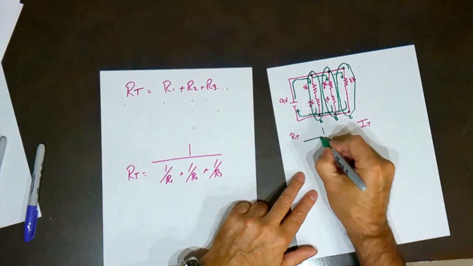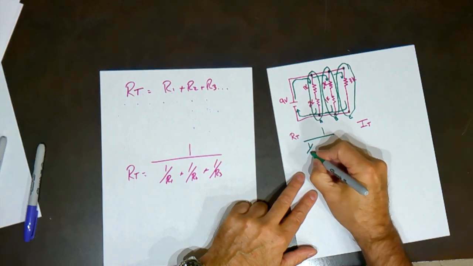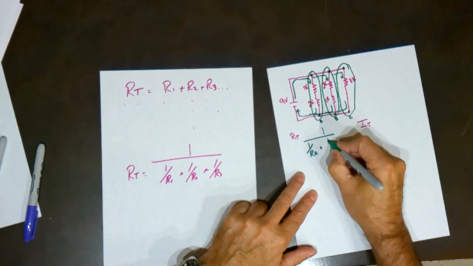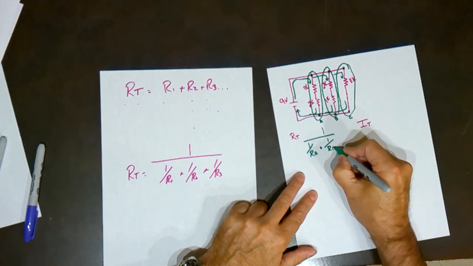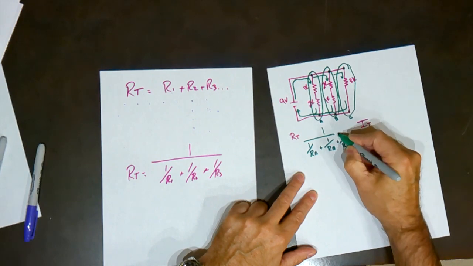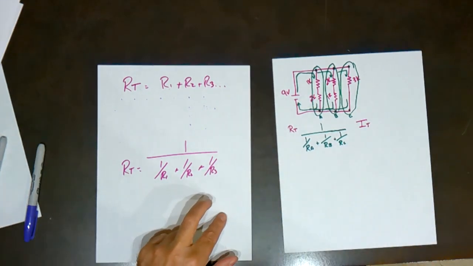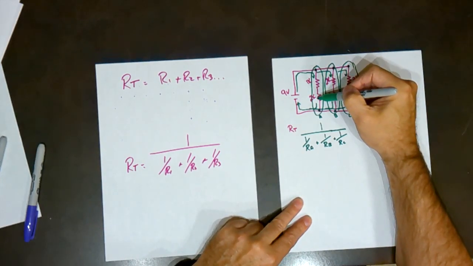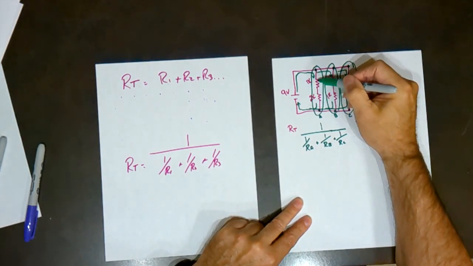So you can actually do 1 over the resistance of branch A plus 1 over the resistance of branch B plus 1 over the resistance of branch C. Inside A, I have 1K and 2K giving me 3K.